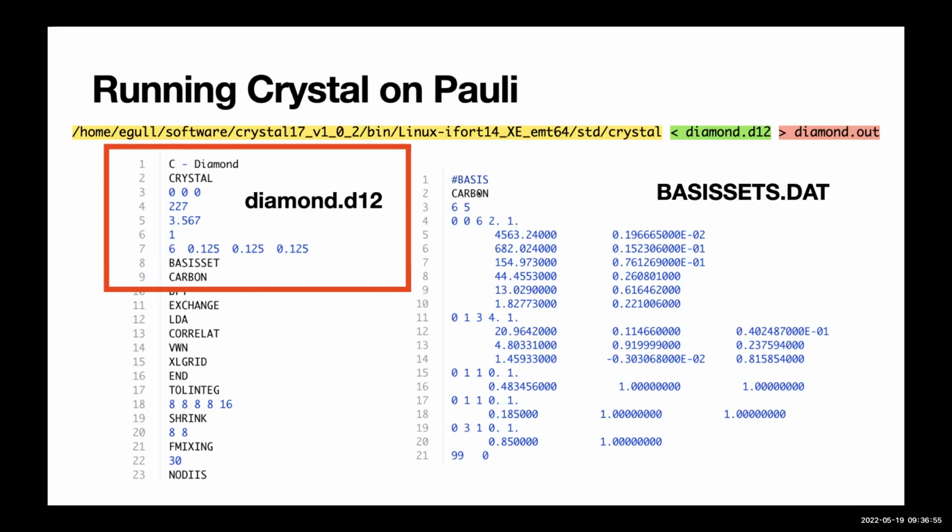For the label, I put carbon in line 9. This label is user made up, so you can name it whatever you want. Then in the basis set file, I put this carbon label again in line 2 under the pound sign.